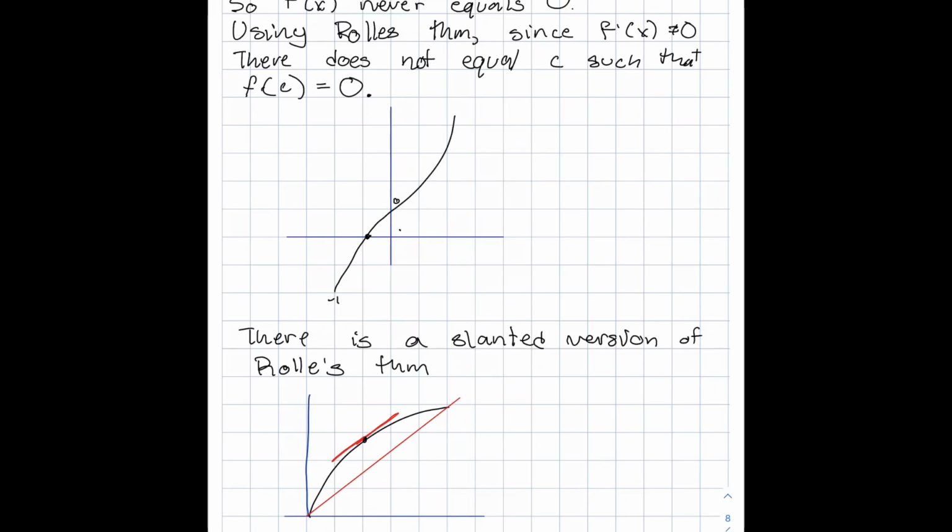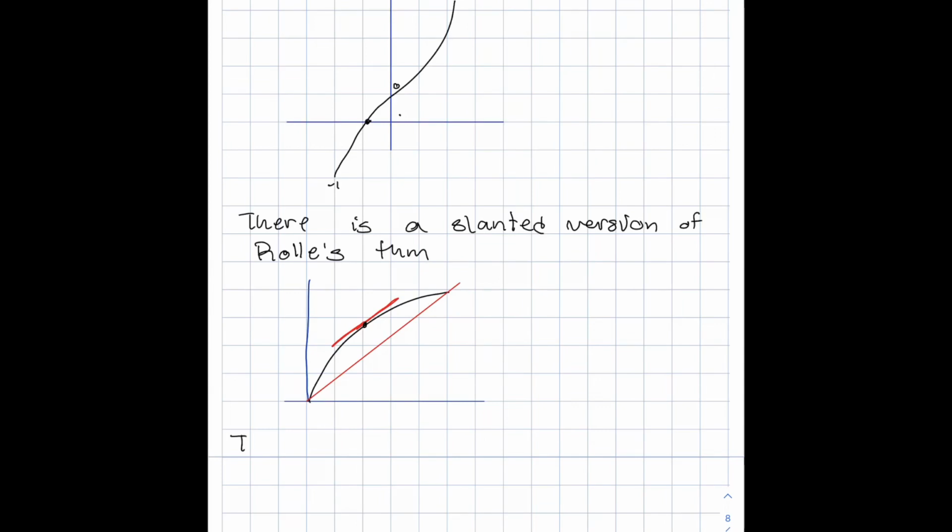Alrighty, so this is called the mean value theorem. Remember, the mean is just another word for average. So this has to do with the average rate of change.